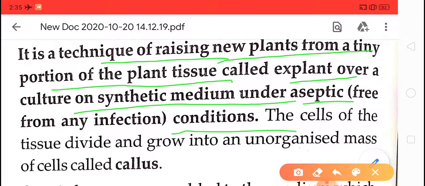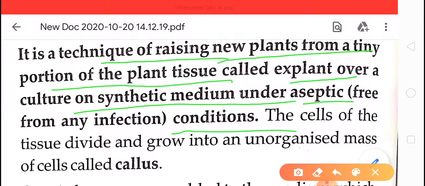If we keep this portion of plant tissue in a test tube in the laboratory, and provide a proper medium, proper hormones and water, then quickly this plant tissue converts into a small plant.